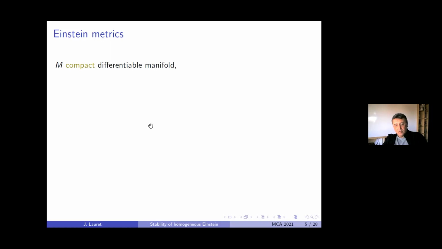Okay, so what you have is a compact manifold M. In the whole talk, M will be compact. And consider this invariant of M, which is the space of all Riemannian metrics on M. Okay, it's a huge space.